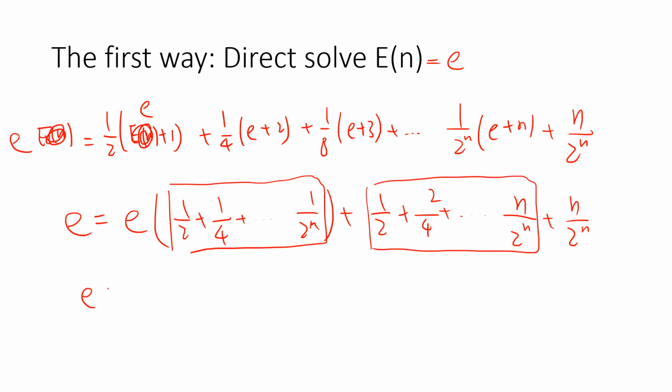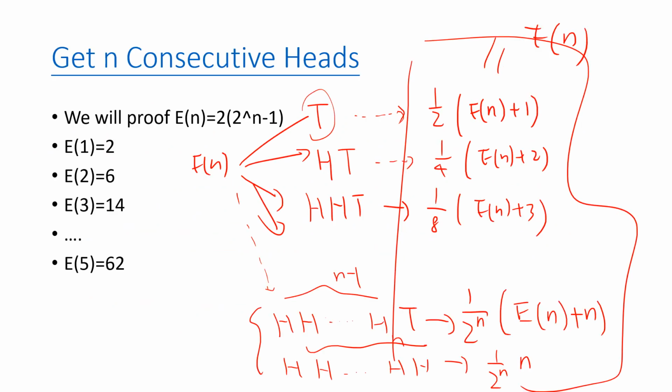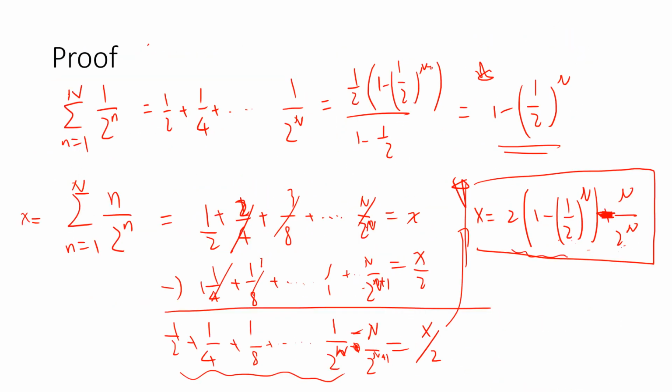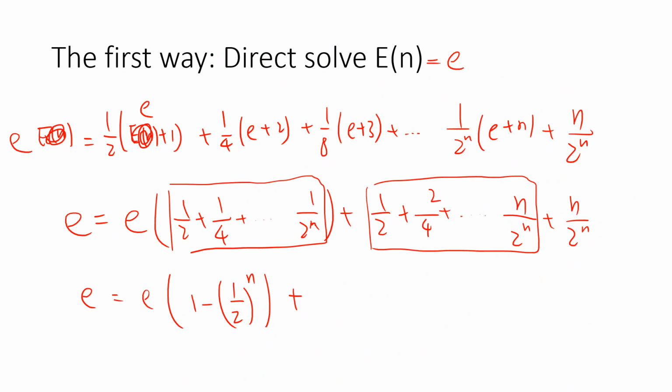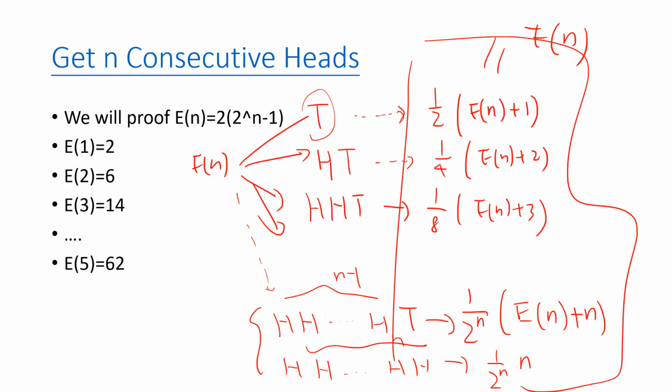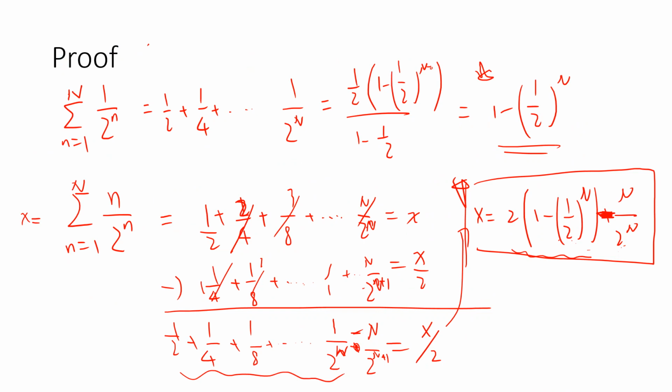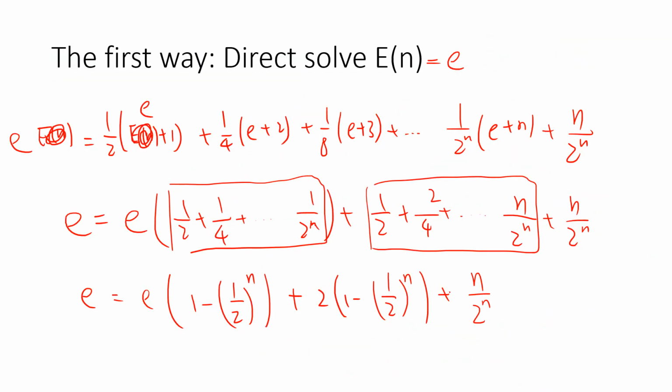So this E is E times this one plus this term. So this is twice 1/n plus n/n minus n/n.